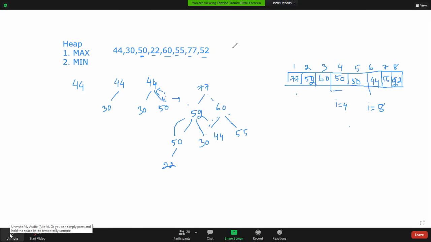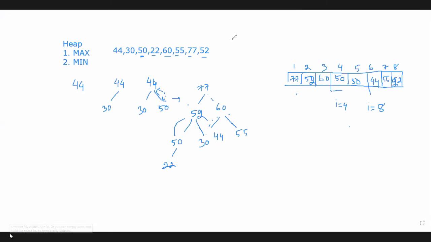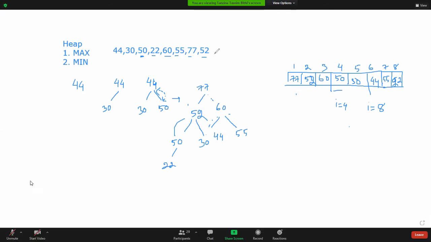Okay. So now can you write the algorithm? Write the algorithm of this maxheap insertion. How did we insert that? Suppose now we want to insert another node. Suppose we want to insert 58. So where will we insert it?